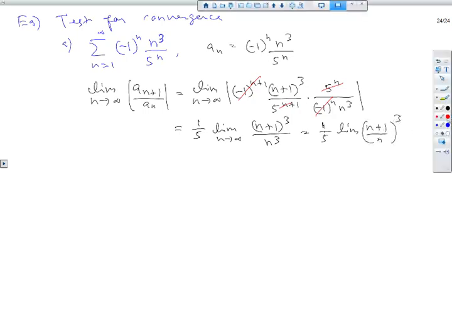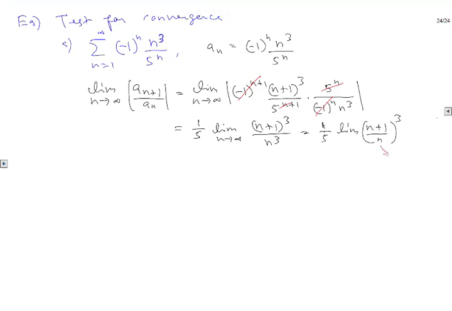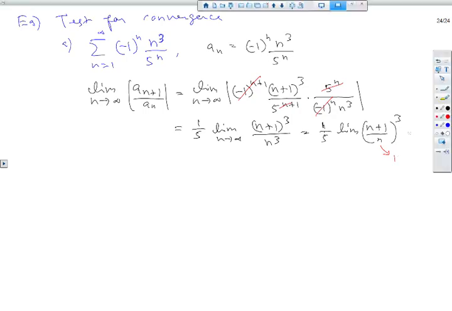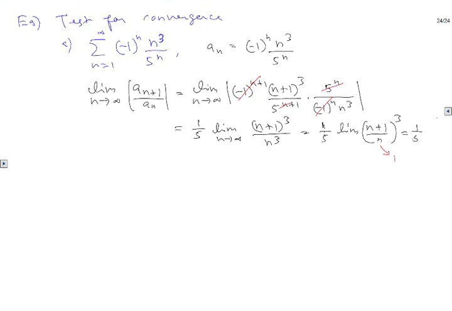But what do you know about this one? You know that this limit goes to 1 as n goes to infinity, and 1 to the third power is 1. So you simply end up getting 1/5, which is less than 1. Okay, so by the ratio test, the original series converges.